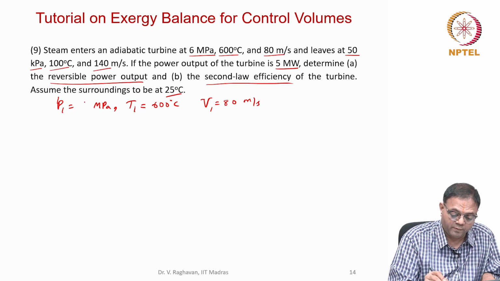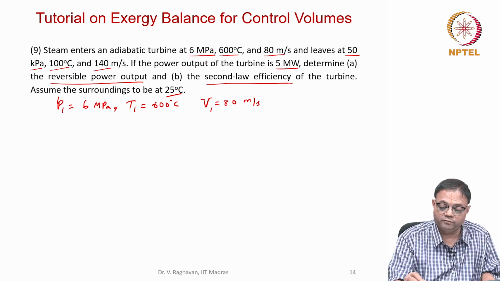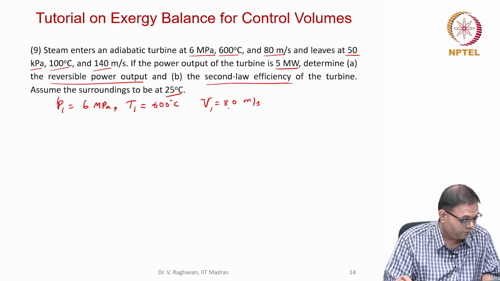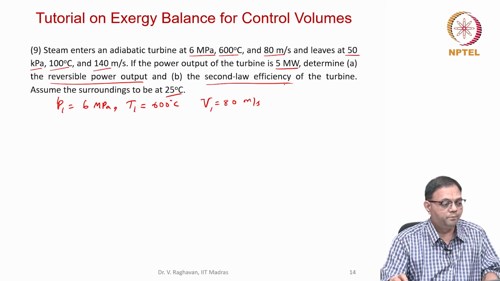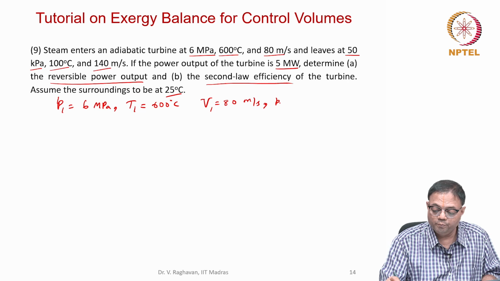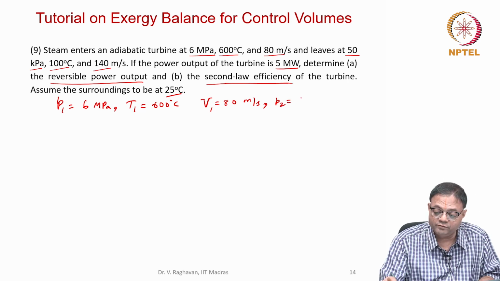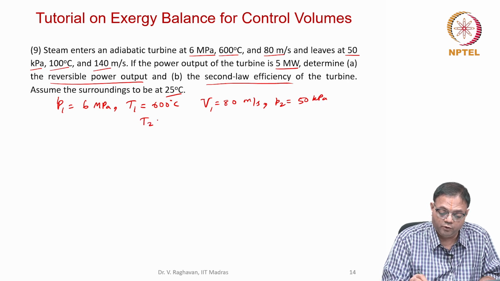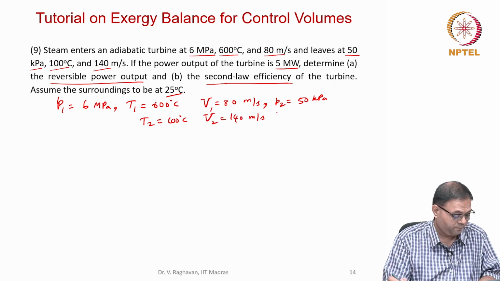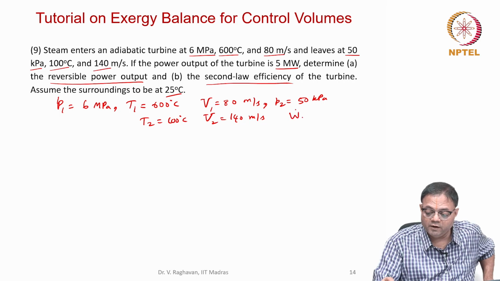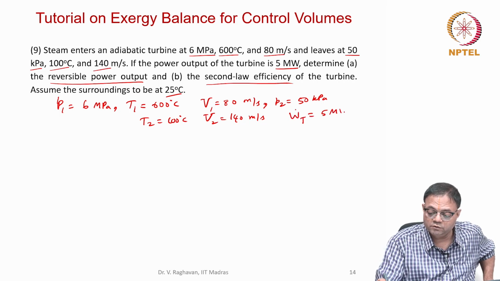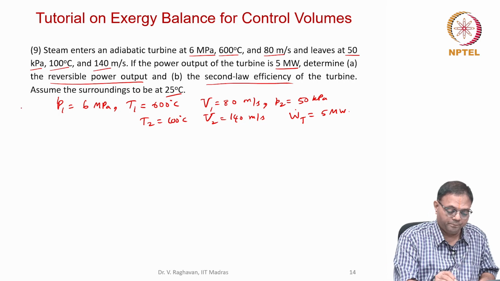Similarly, P2 equal to 50 kilopascals and T2 equal to 100 degrees centigrade, V2 equal to 140 meter per second, and the power developed by the turbine is 5 megawatts. These are the given data.